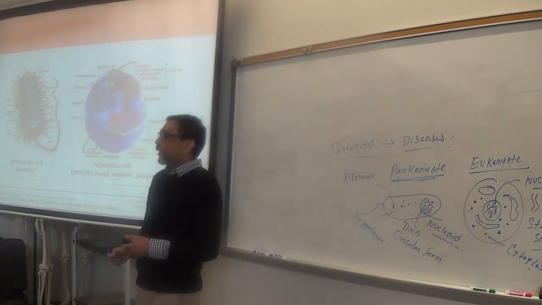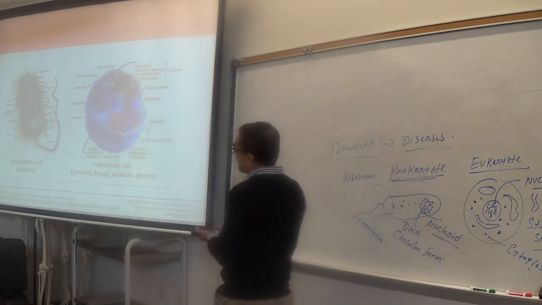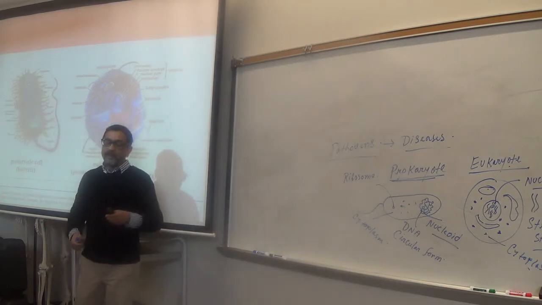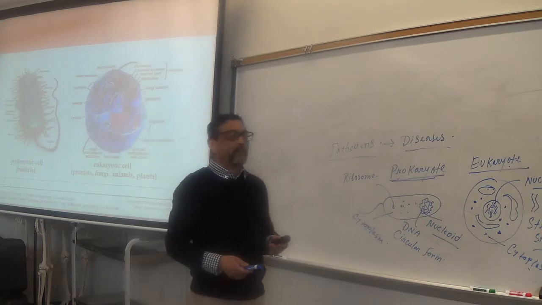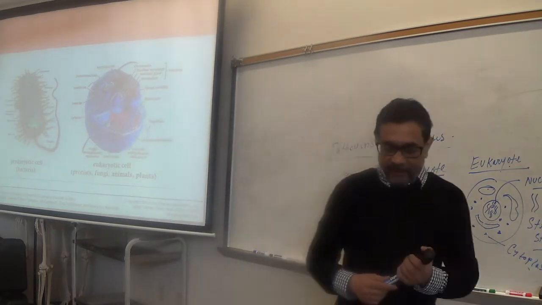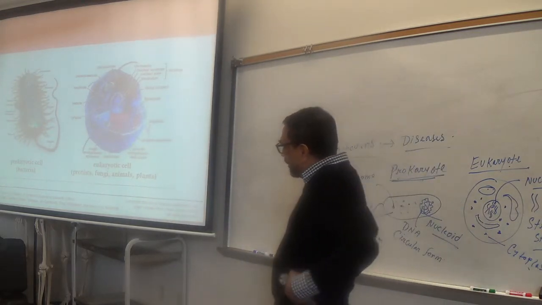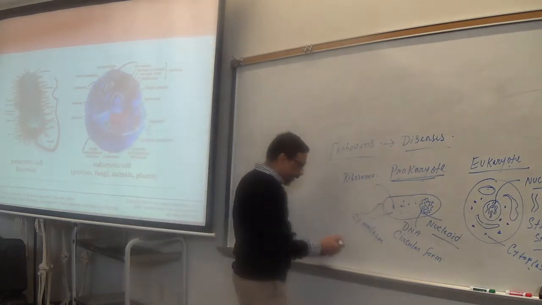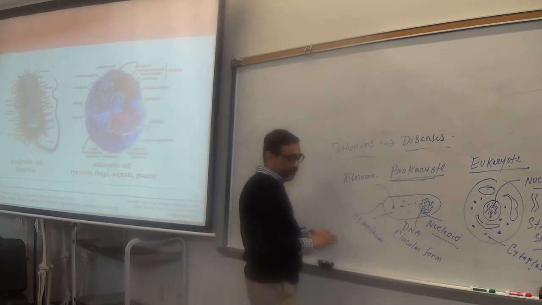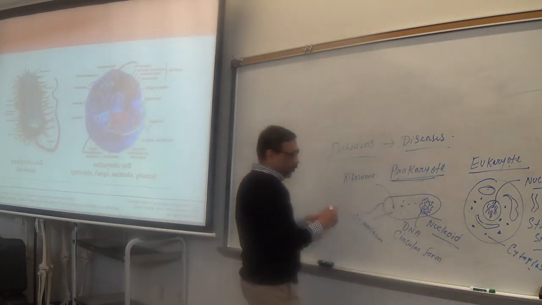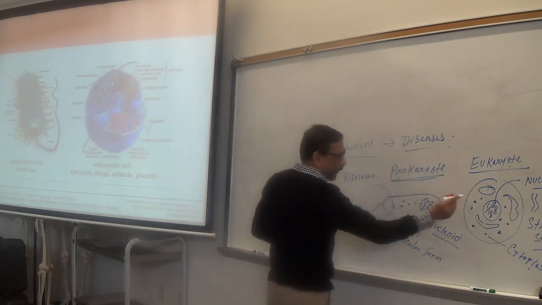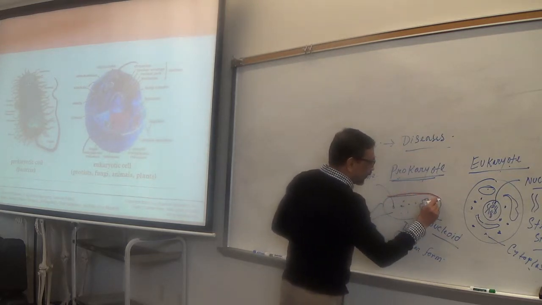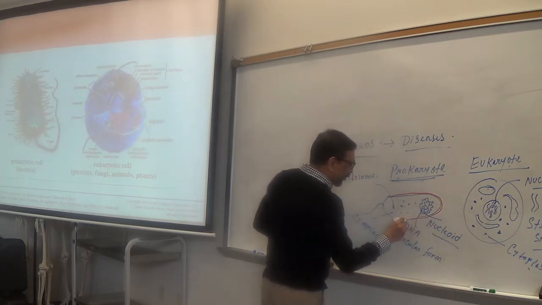Okay. Another thing is, if you see the cell membrane of a eukaryote and a prokaryote, there is a difference. In prokaryotes, the cell envelope is stronger than in eukaryotes.